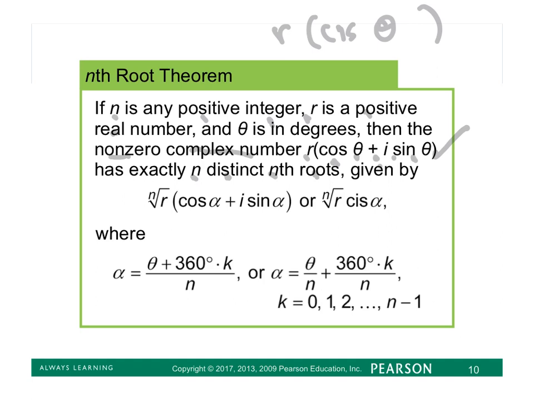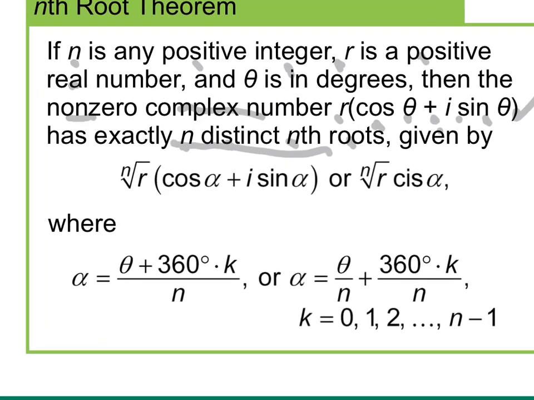So whatever root you have, like square root, cube root, it has n distinct roots given by this formula.